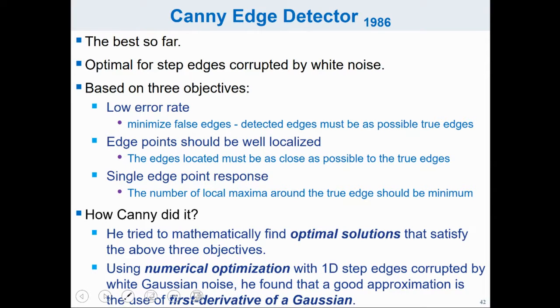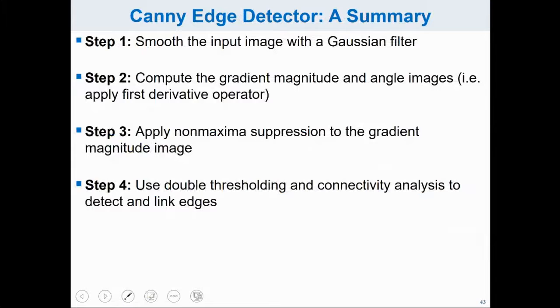In doing so, he came up with using the first derivative of a Gaussian filtered image. The first step is to smooth the input image with a Gaussian filter. The second step is to compute the gradient magnitude and angle images.